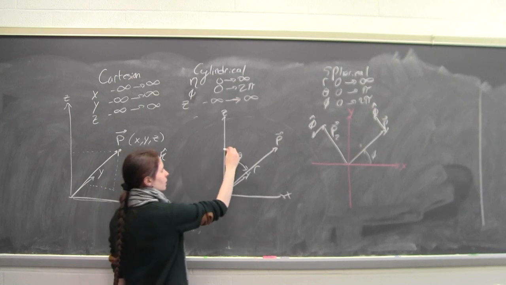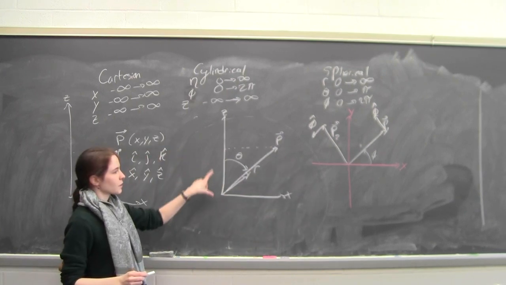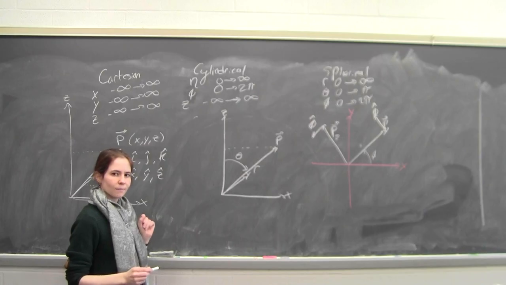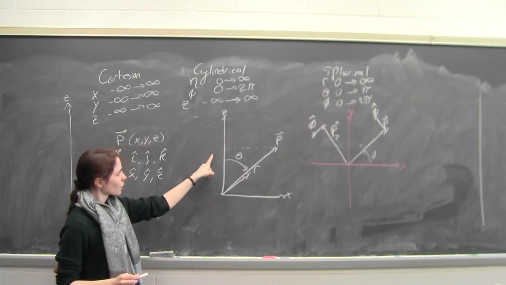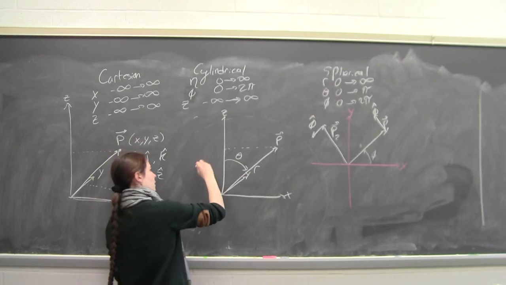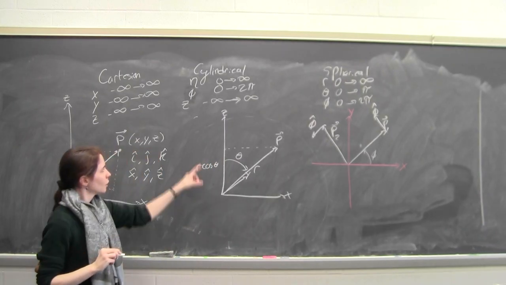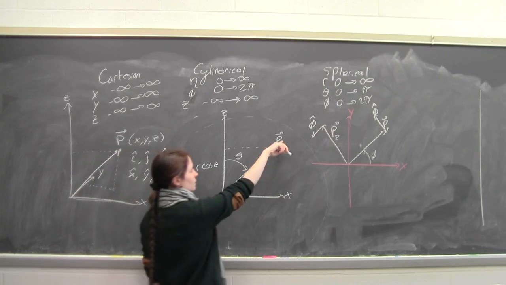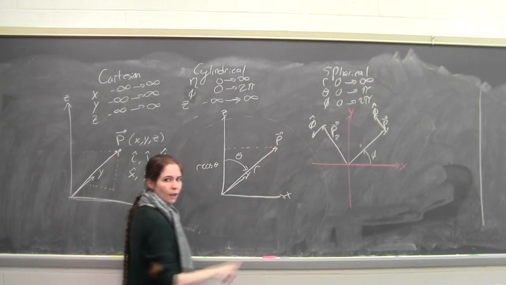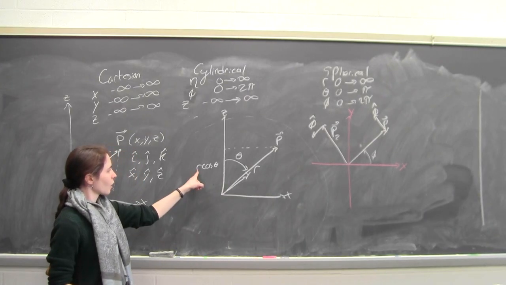And so take a minute, maybe pause the video and see if you can decide what this distance is. So we can see that this distance is just going to be r cosine theta, which is to say that the z component of our p vector is going to be r cos theta.